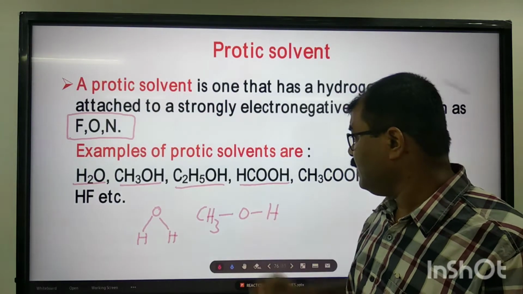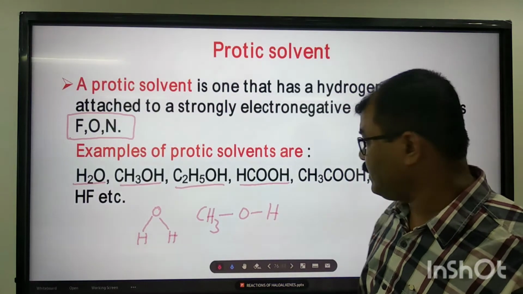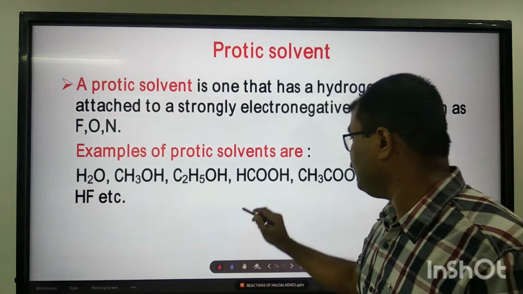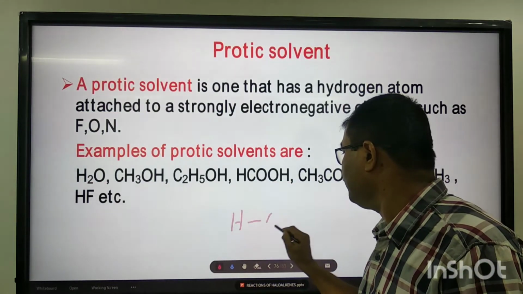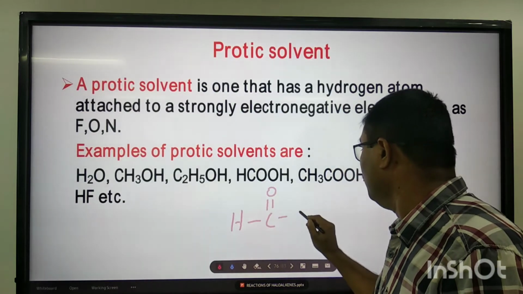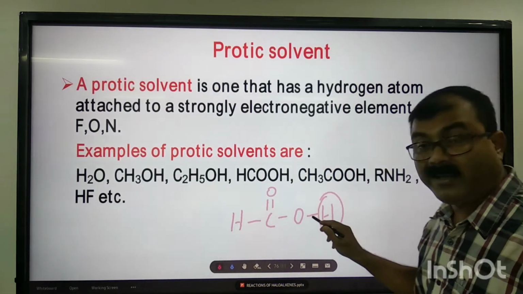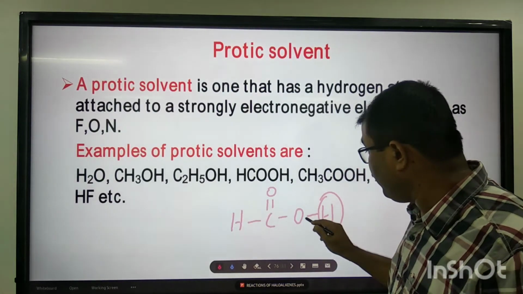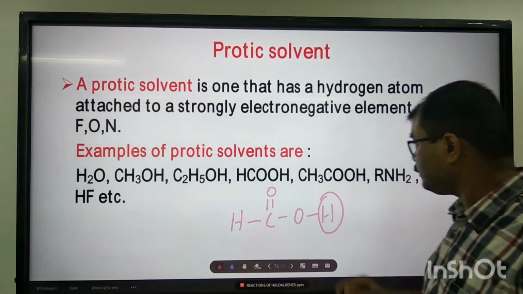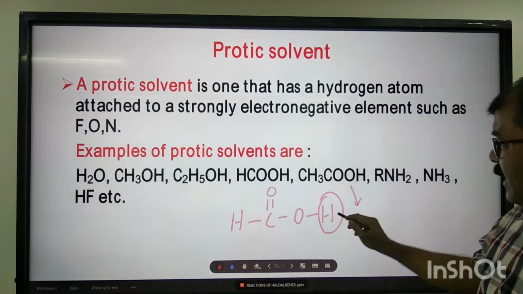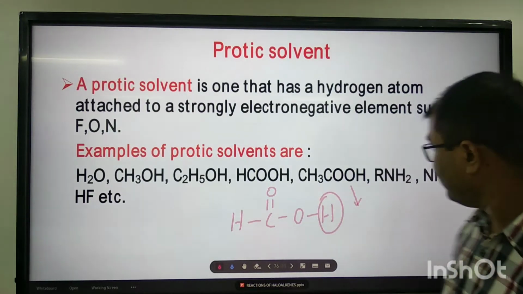And this is an acid, formic acid or methanoic acid, HCOOH. See, this hydrogen is attached to the most electronegative oxygen. Similarly, acetic acid, this hydrogen is also attached to oxygen.